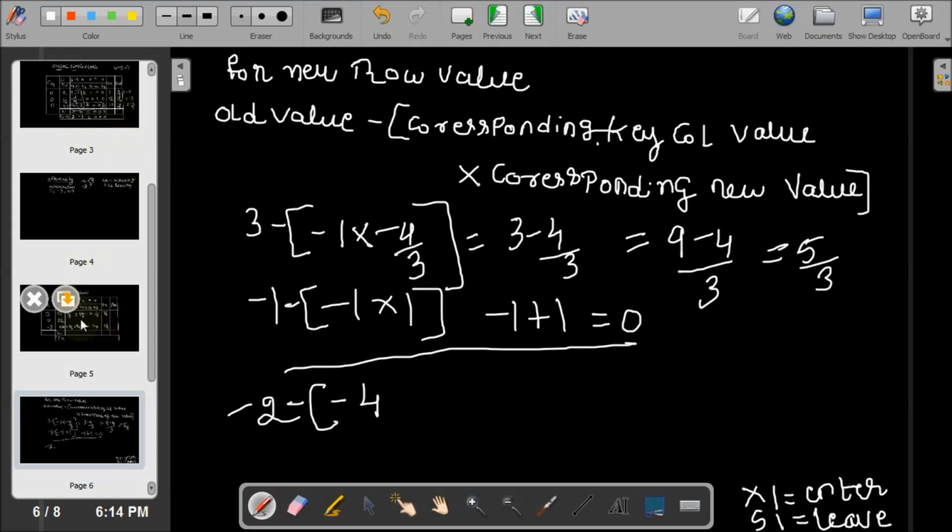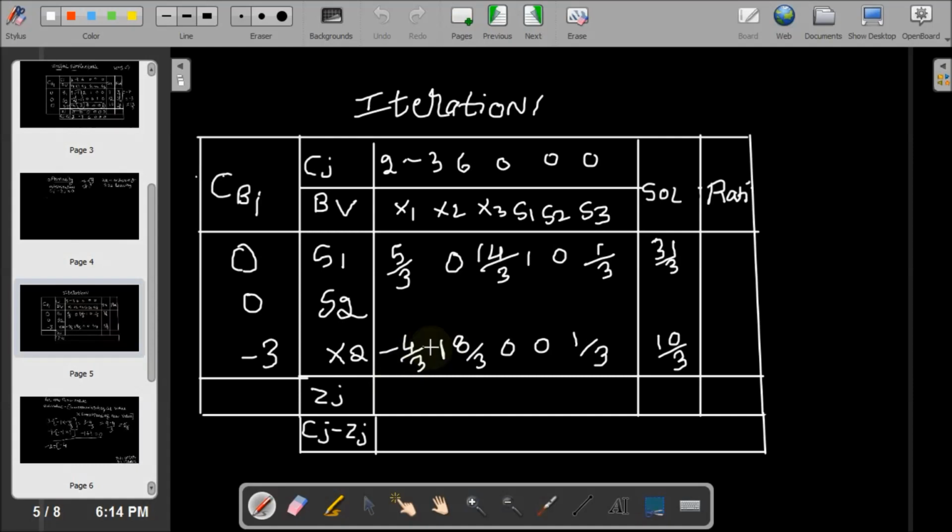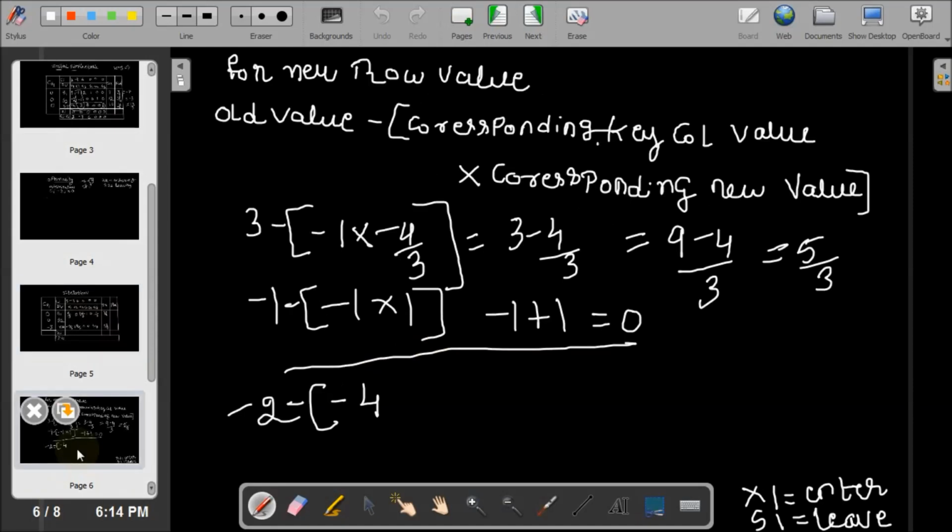See, new value, you have to consider these values only. So what is the first value? -4 by 3. For the previous case also I considered this value only. For this case also you have to consider this value only, -4 by 3. See, into -4 by 3.